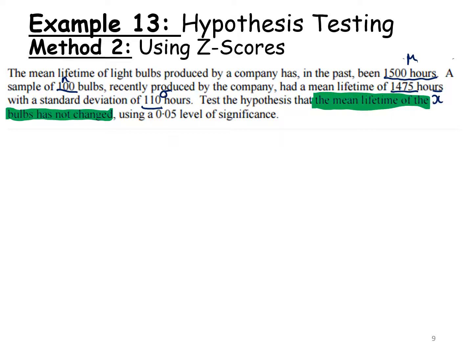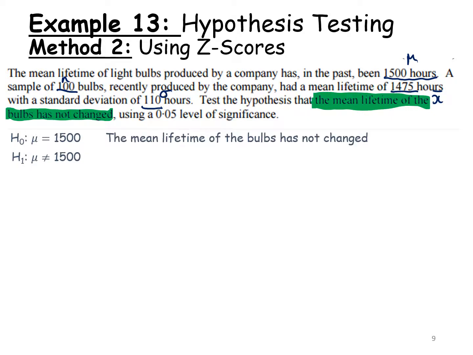So the first thing we're going to do is state our null hypothesis and our alternative hypothesis. So what we're saying for the null hypothesis is mu is still 1,500, so the mean lifetime of the bulbs has not changed. And then the alternative to that will be the mean lifetime of the bulbs has changed. Sometimes students get bogged down in the word not appearing here or somewhere else. We've seen examples where the not has appeared in the null hypothesis and in the alternative hypothesis.